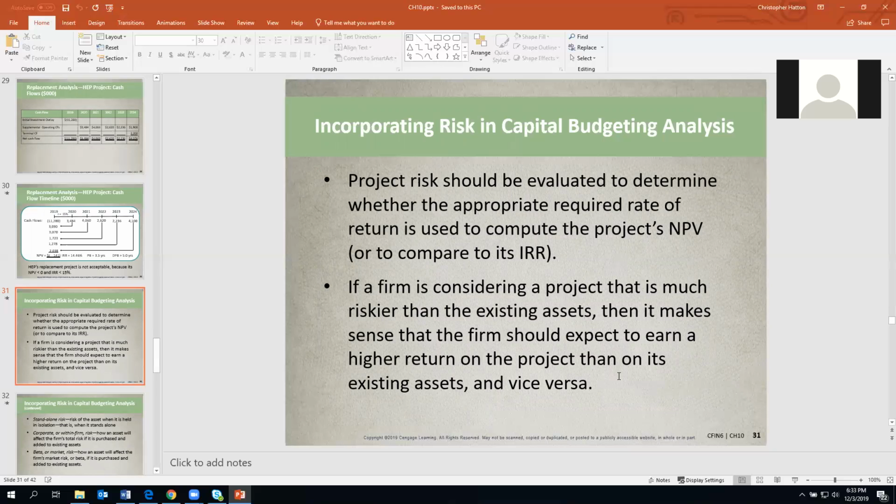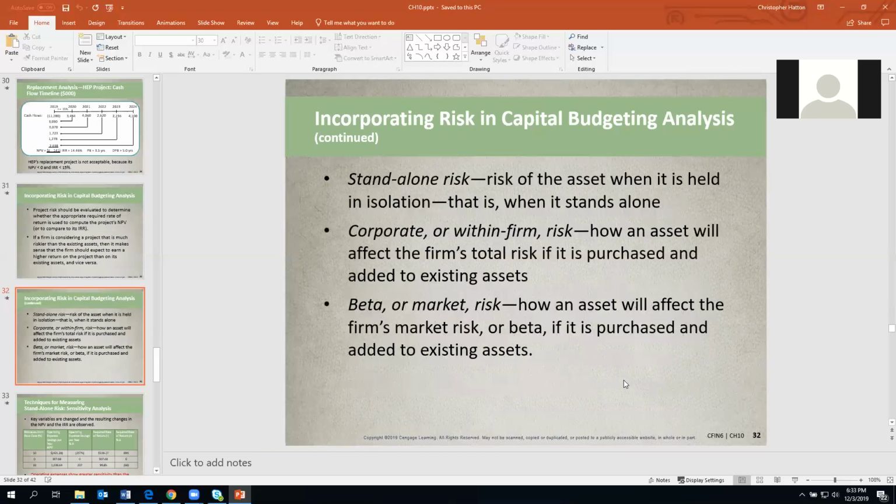So another way of saying that is the more risk, the higher the return, the higher the rate. The required rate of return. So that's going to be what your firm's portfolio will let you know, what kind of return you need to get an increase in your bottom line.